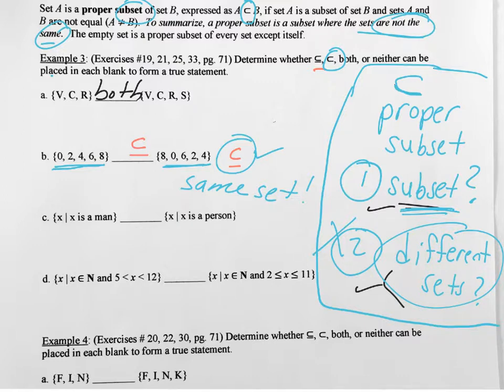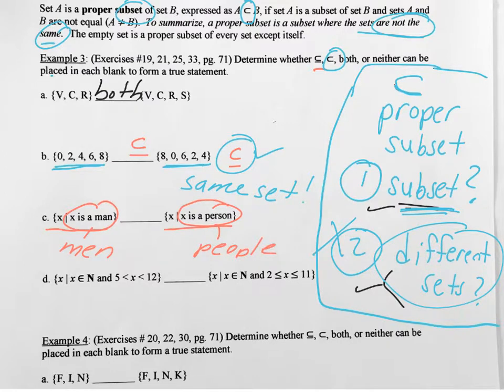Looking at C, the set of X such that X is a man. On the right, the set of X such that X is a person. So looking at what comes after the bar for this set builder notation, they're talking about all the men in the set on the left. And then the set on the right, they're just talking about all people in general.